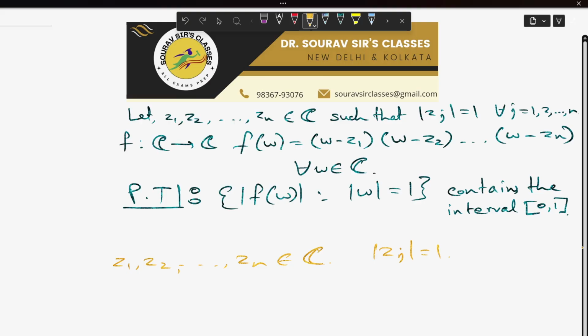And our f of omega is looking like this. So we need to analyze modulus of f omega for omega on the unit circle, modulus of omega equals 1. Now we are going to evaluate modulus of f omega.